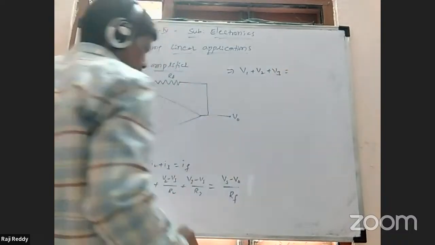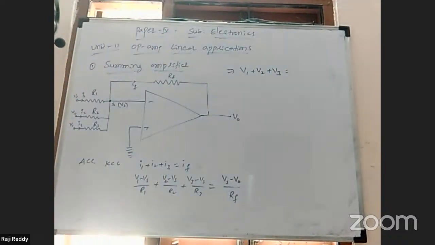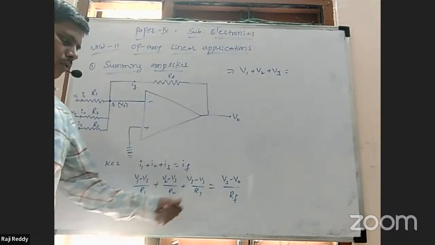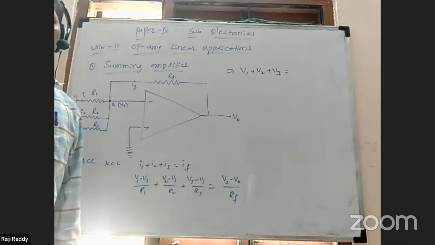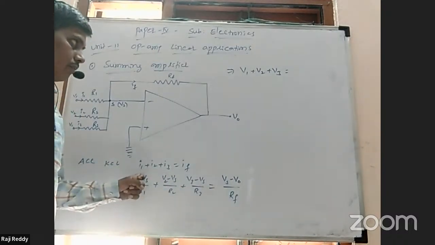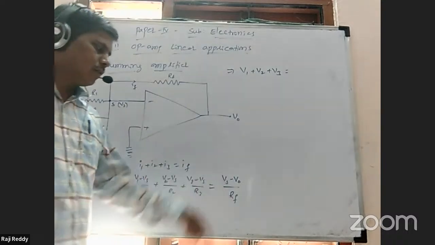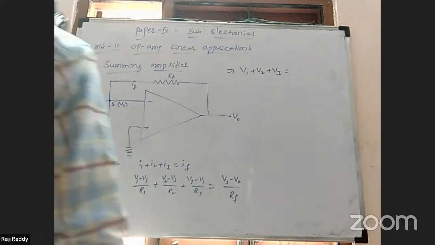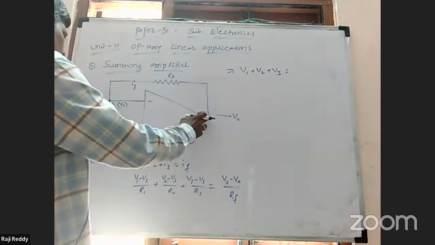I'm taking the Vs terminal as connected to 0. Then R1, R2, R3, RF are equal; I'm taking identical resistors, so the R values cancel. Then we get V1 plus V2 plus V3 equal to the Vs value, the voltage between these two.